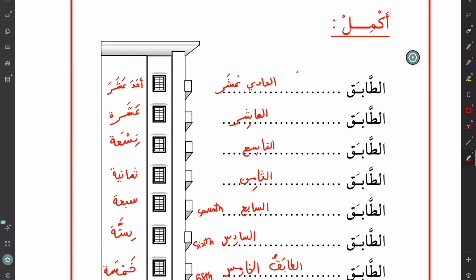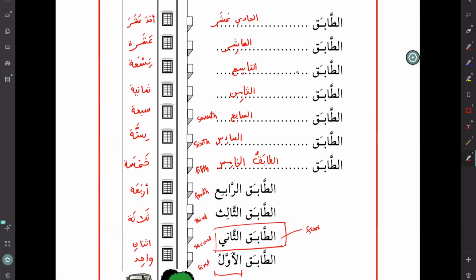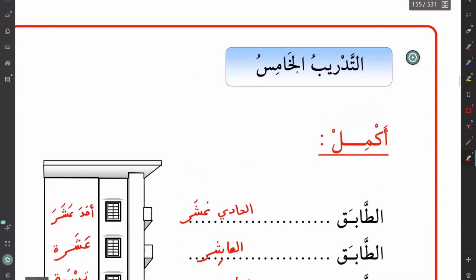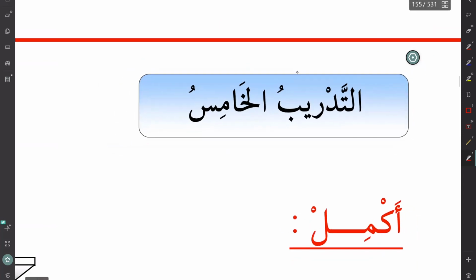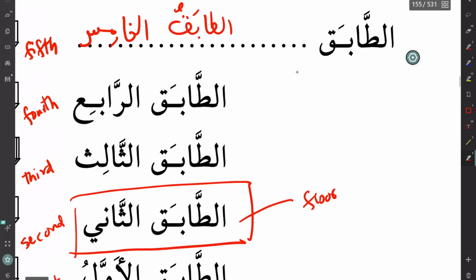Okay. So I think you probably noticed that we have been using these type of numbers in what? In our exercise. See, what does it say? At-tadribul khamis. What does at-tadribul khamis mean? Khamis is fifth. Okay, it's the same number that we've been using.